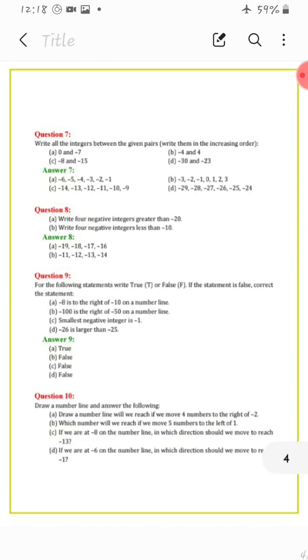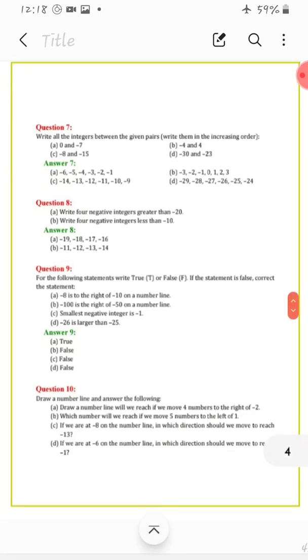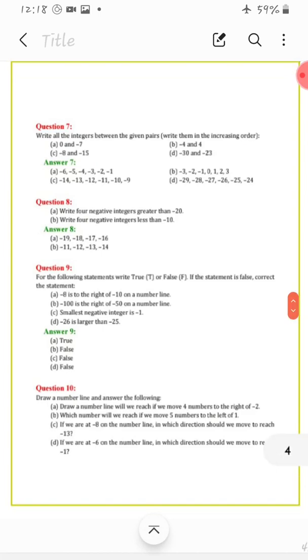So we can write in that way also, or starting from minus 6, but since they have given increasing order from smallest to greatest, we have to write from minus 6. So minus 6, minus 5, minus 4, minus 3, minus 2, minus 1, because after minus 1 0 will be there, so we need not write 0 again.